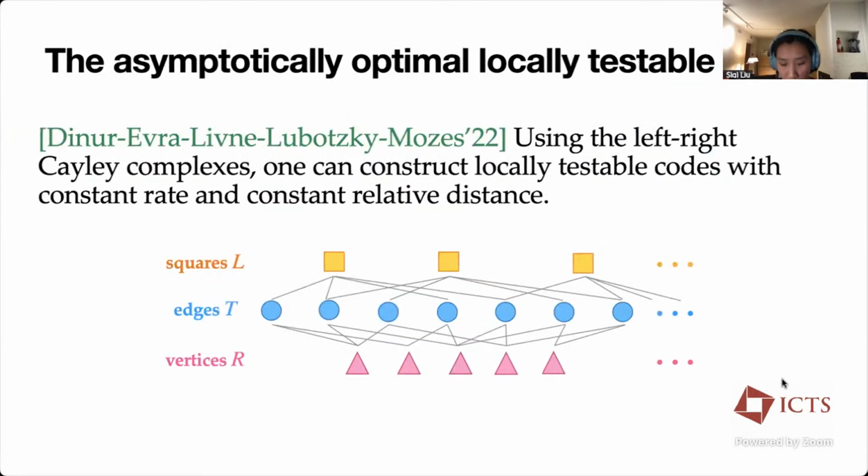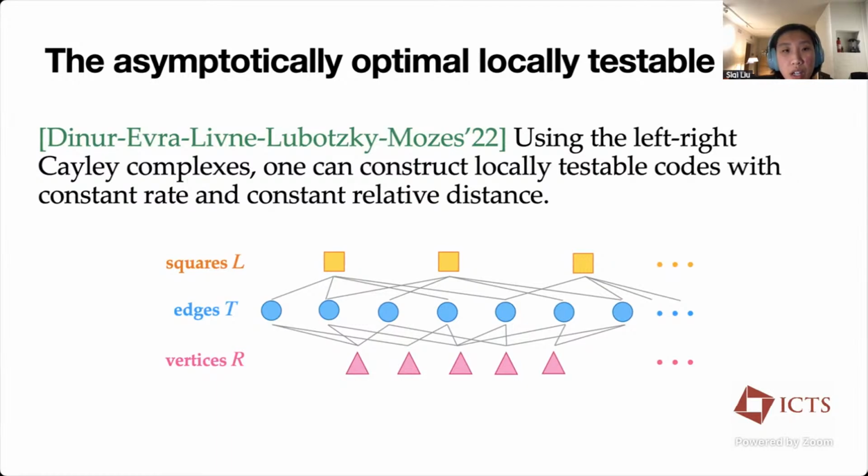So now that we know a way of proving that tensor codes are locally testable codes, what do we know about the currently best known locally testable codes? It turns out that the currently best known locally testable codes are actually coming from these tensor code constructions.